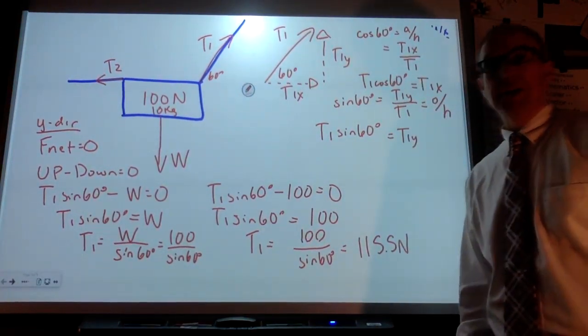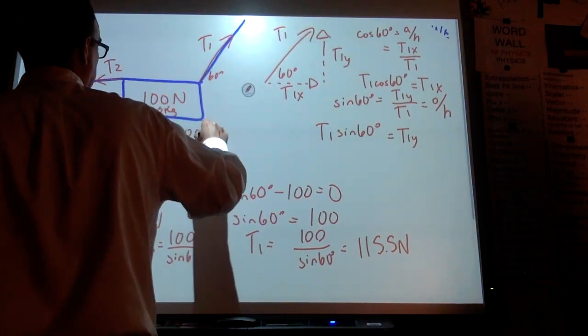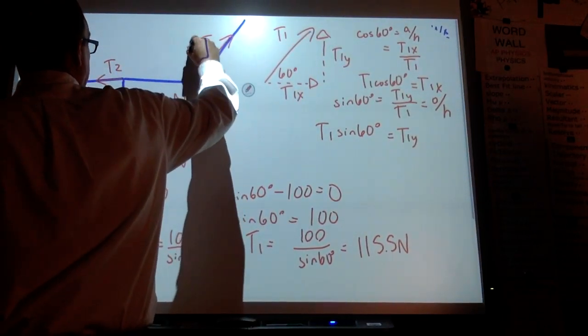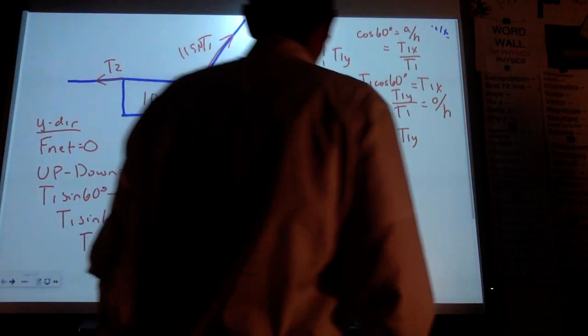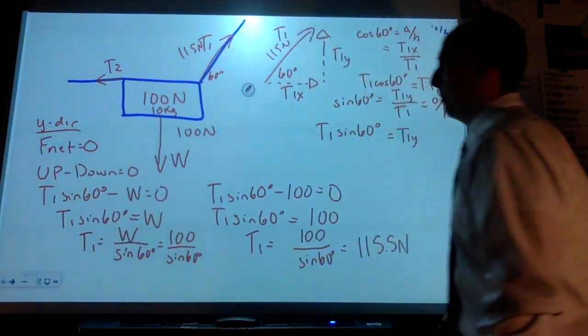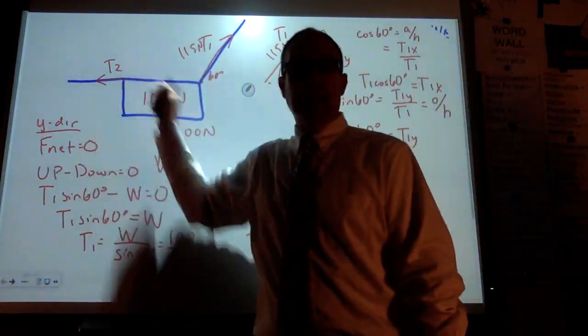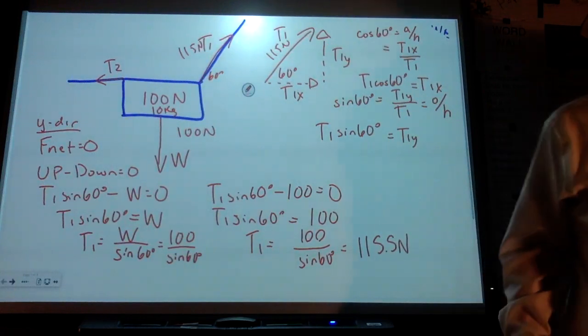We're not building a watch here. So now I know this is 100, and I know this is 115. Because in the x direction, part of T1 is balancing T2. So now I can get T2 easily.